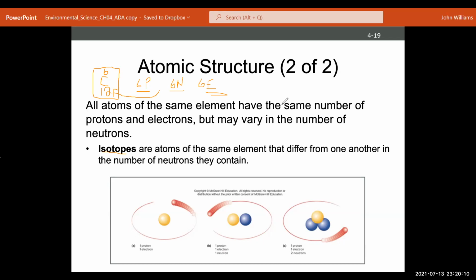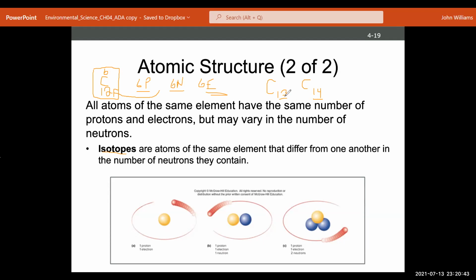Now there are rare forms of carbon known as carbon-13 and carbon-14. You may have heard of carbon-14 before because it is used to radiocarbon date fossils and sediments. The difference in carbon-13 and 14 is their atomic mass. Carbon-13 has an atomic mass of 13, and carbon-14 has an atomic mass of 14.